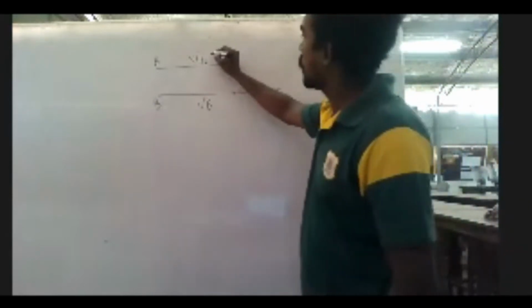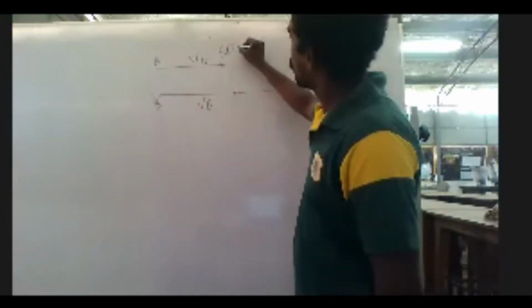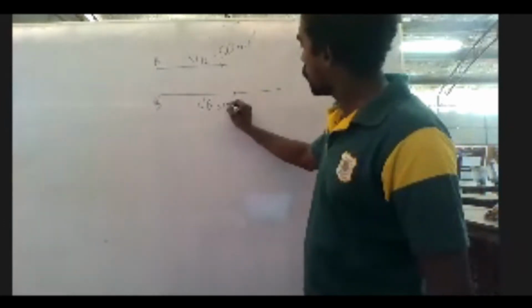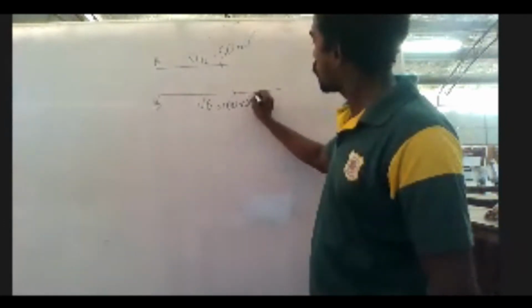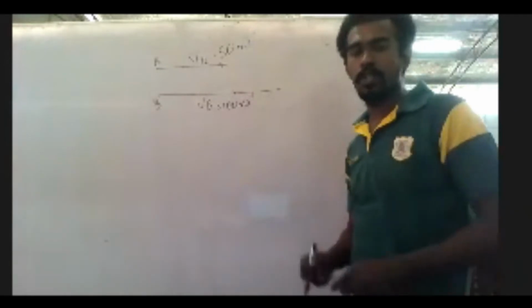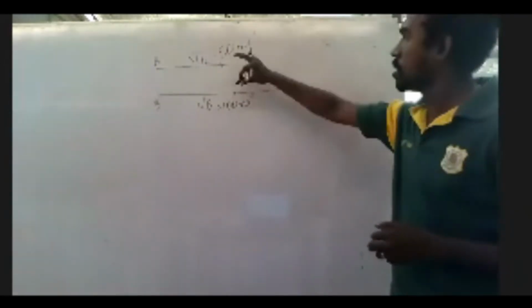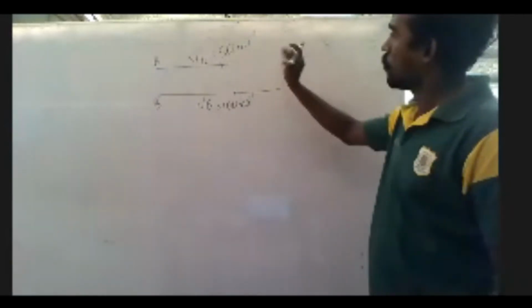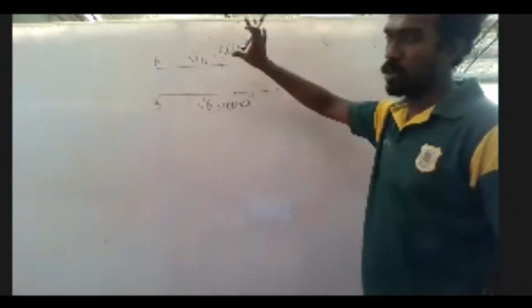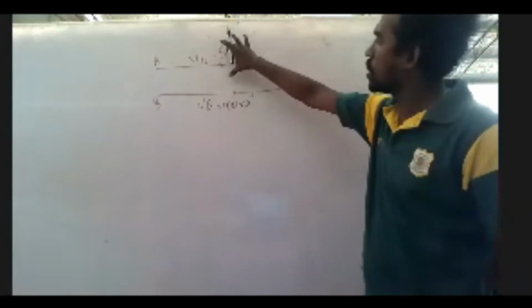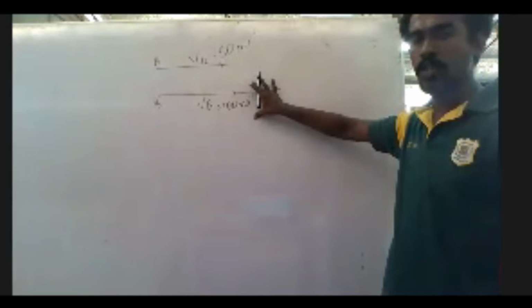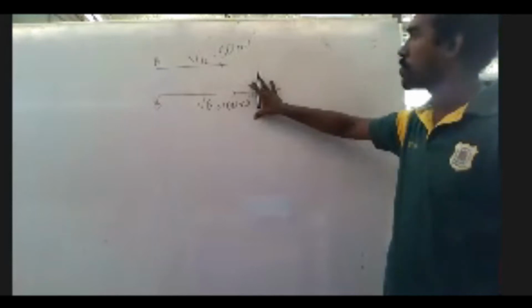Say, for example, the velocity of A is 50 meter per second and the velocity of B is 100 meter per second. We need to find the relative velocity between these two bodies. In order to find that, we give a velocity equal to either this or this, relative to which we are going to find the relative velocity.